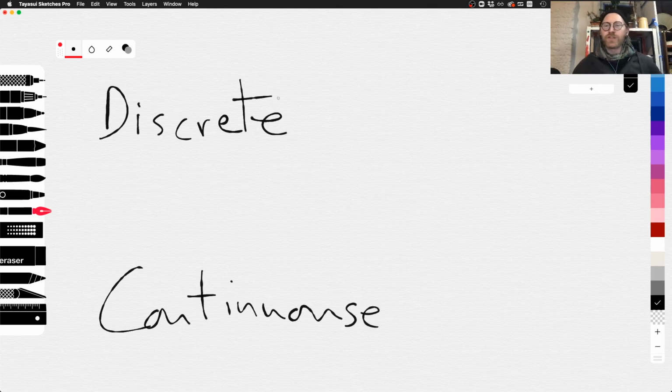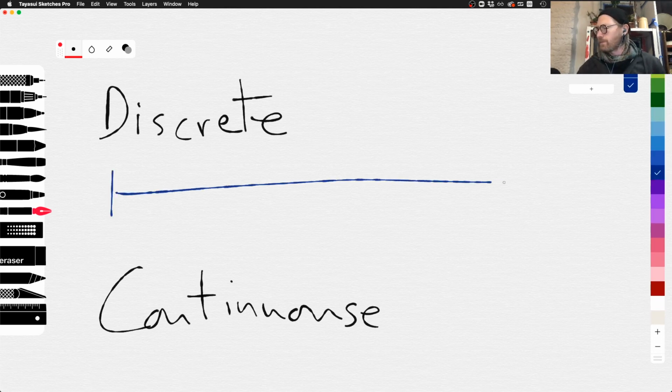I'm going to use this word discrete. When we're thinking discrete, the way that I like to represent this is we have a number line. And let's say that number line goes from 0 to 9. And so, 1, 2, 3, 4, 5, 6, 7.